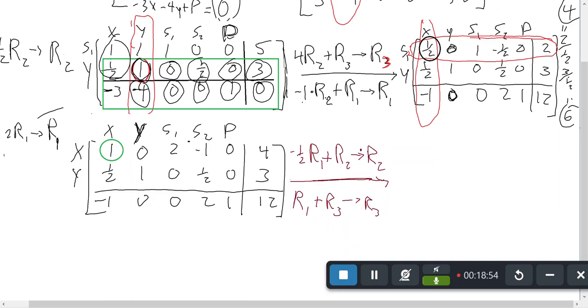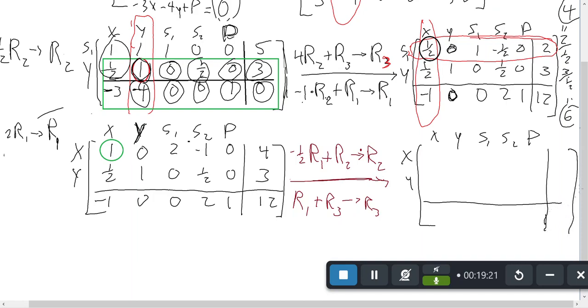All right, so what does that look like? Start filling it out. We've got X, Y, S1, S2, P, and then no label.